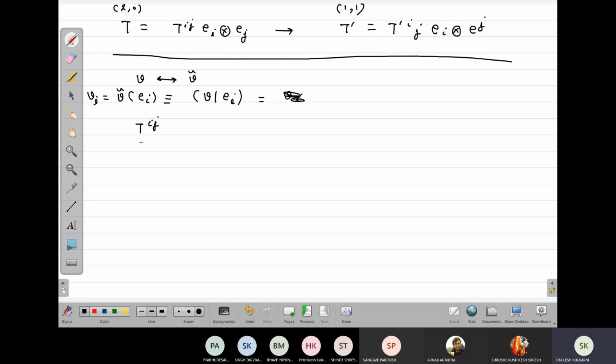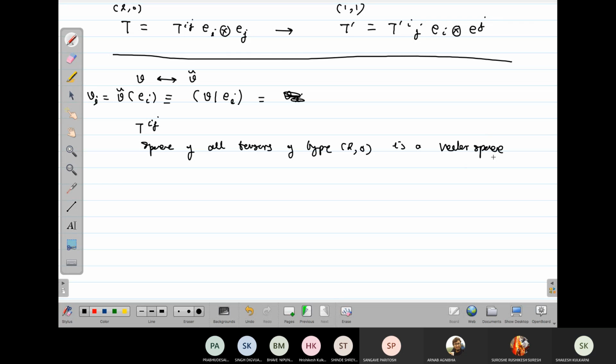The space of all tensors of type 20 is a vector space.